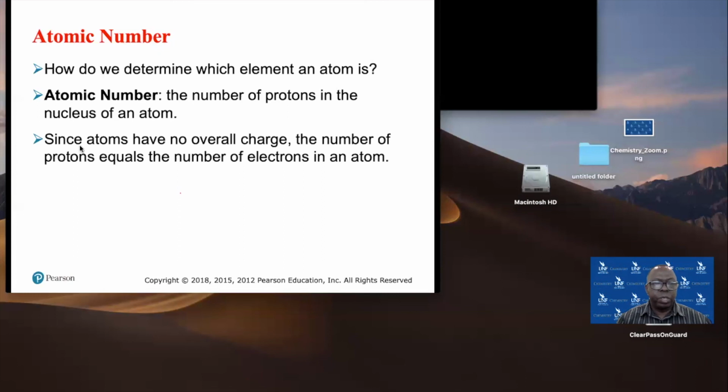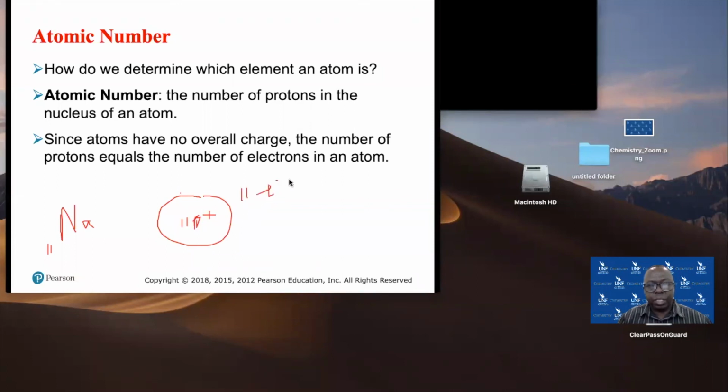And of course, for a neutral atom, the number of protons equals the number of what? Number of electrons. So for example, if this is an atom of sodium, it is number 11. That means we have 11 protons in the nucleus, and then we have 11 electrons.